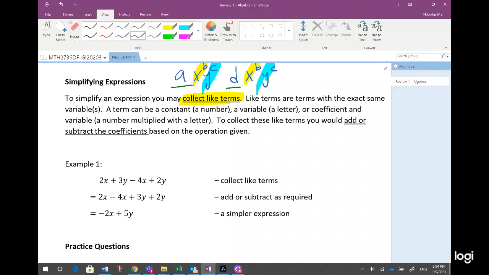Even me, when I start a simplification of algebraic expressions, I always group them, or I would say underline them, make symbols. What do I mean here? If I don't do that, I make mistakes.